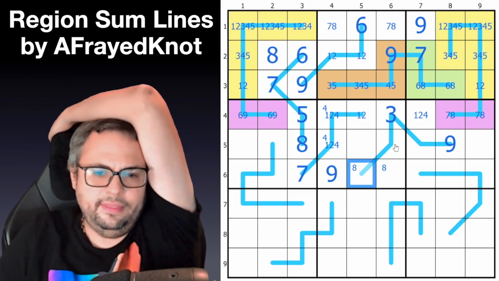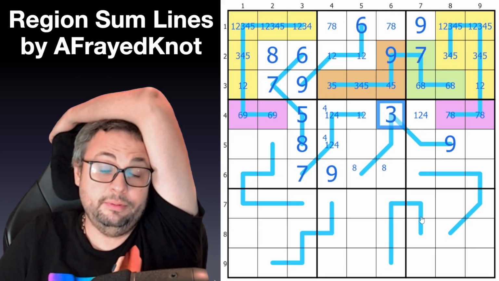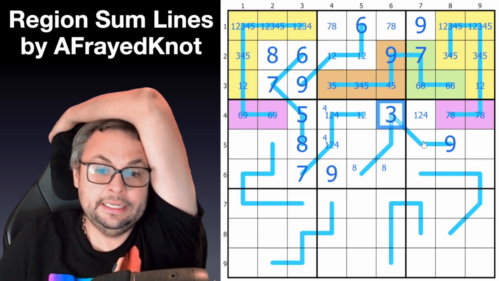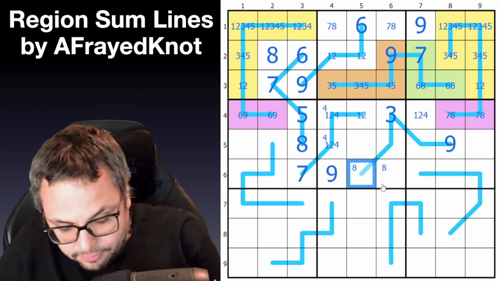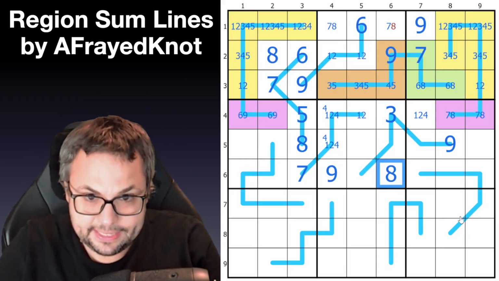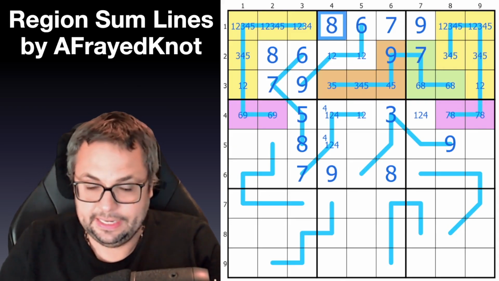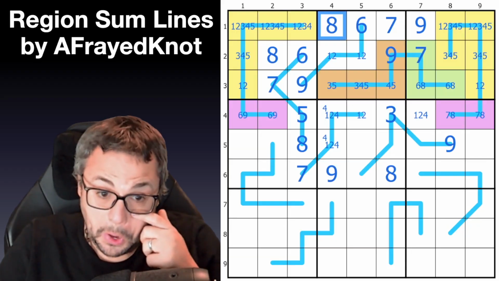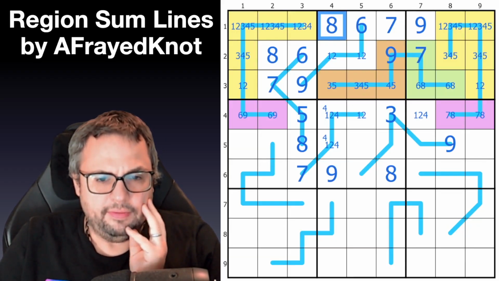If this was an 8, the minimum sum of this line would become 8 plus 5 plus 3, which is 8 plus 8, which is 16. This would need to be a 7 or more. It still can't be. So that can't be 8. And so that looks up and gives me the 7 and the 8 up there as well. So we've got all of that.